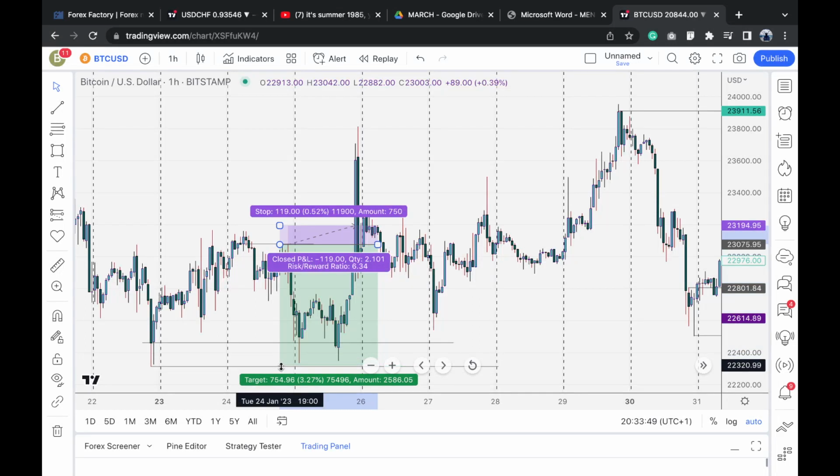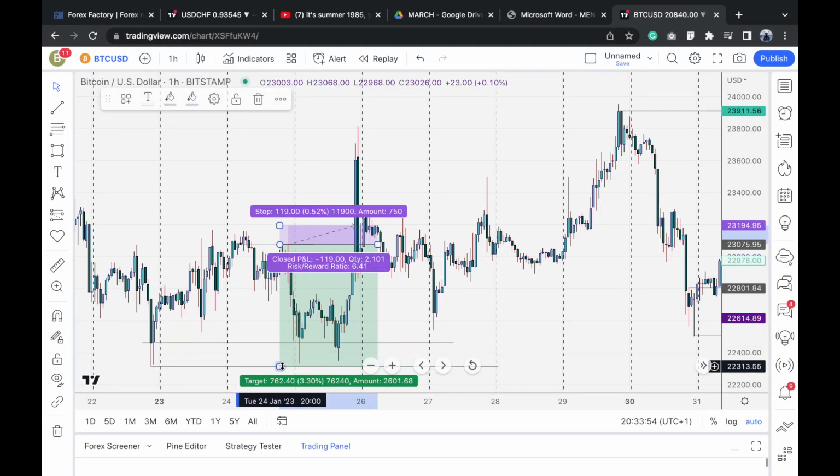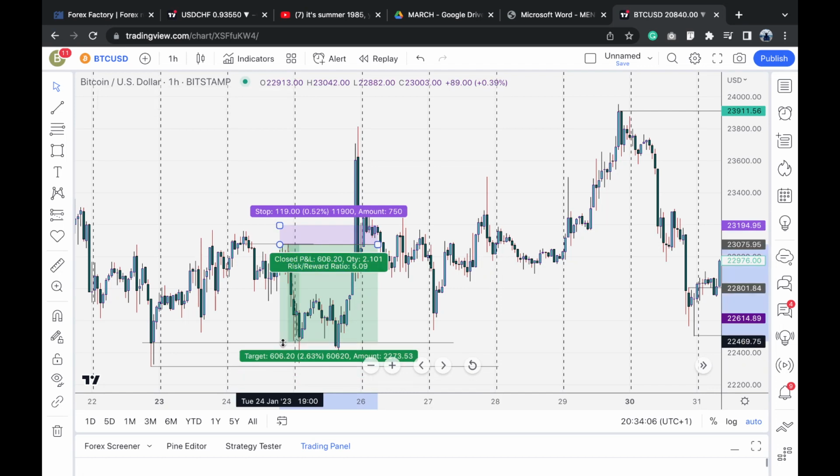If you did not scale out any partials at the rejection block and you're waiting for the market to trade through that old low, you are not booking any profits. You're either getting stopped out at a loss, or if you move your stops to break even, you're getting stopped out at break even. You're not booking any profits. If you took some profits off at your rejection block, then you booked something. Even if you got stopped out eventually, you still booked something.